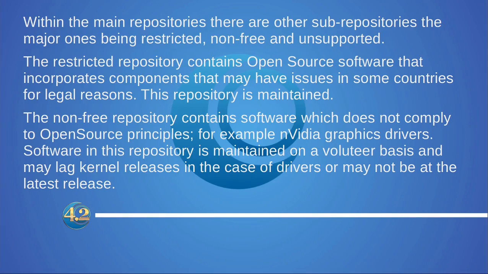This repository is maintained. The non-free repository contains software which does not comply with open source principles, for example NVIDIA graphics drivers. Software in this repository is maintained on a volunteer basis and may lag kernel releases in the case of drivers, or may not be at the latest release for other software.